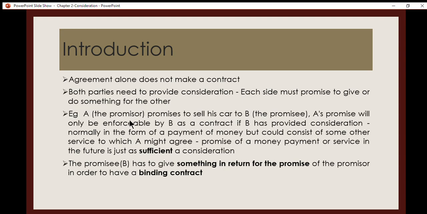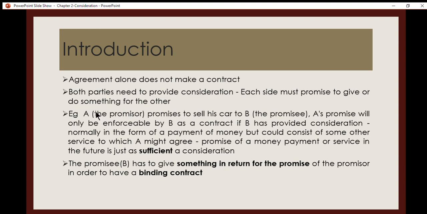For example, A, the promisor, promised to sell his car to B, the promisee. A's promise will only be enforceable by B as a contract if B has provided consideration, normally in the form of payment of money, but it could consist of some other service to which A might agree.